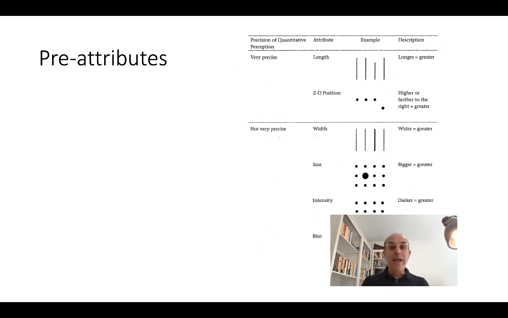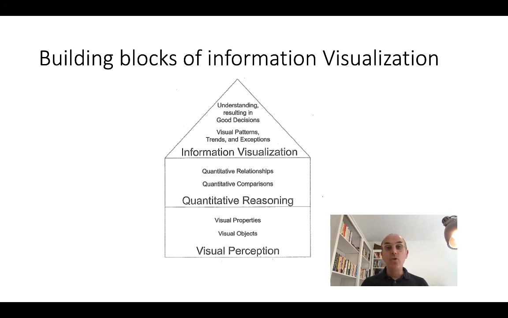We have pre-attributes, and that is really important: the width, the size, the intensity, the blur, and how we apply to it from the intensity of the color, darkest, and is usually the greater. And this is something that is the terminology, the grammar. I will call it the grammar of visualization and how to do that.